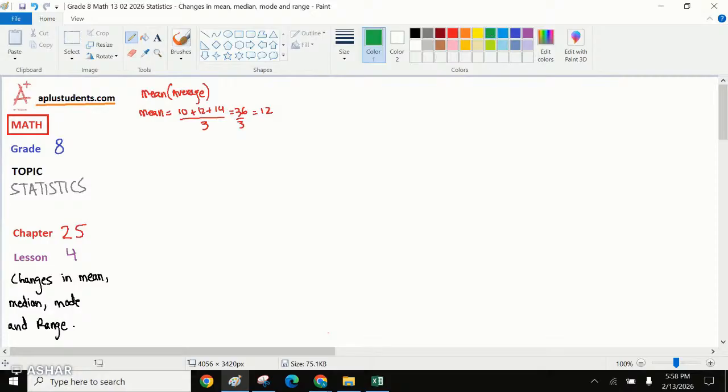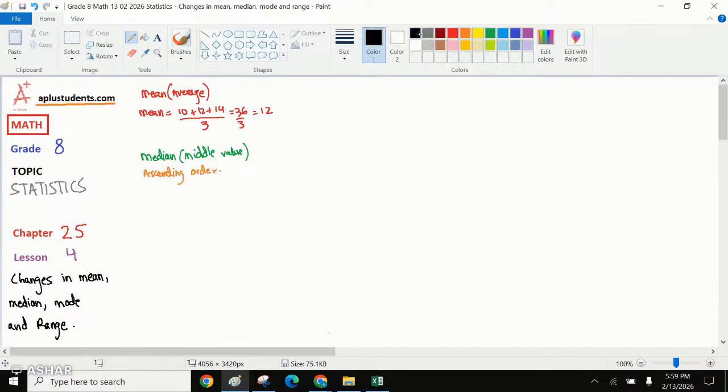In case of median, median is the middle value, sorry, my bad. In order to find the middle value, we arrange the numbers in ascending order.